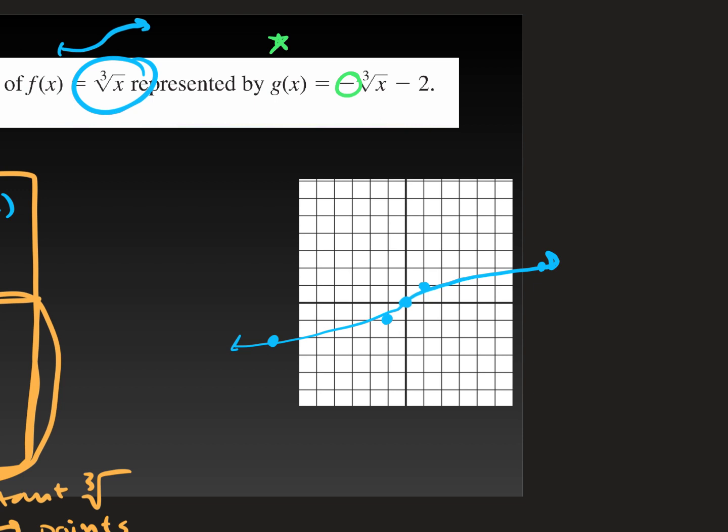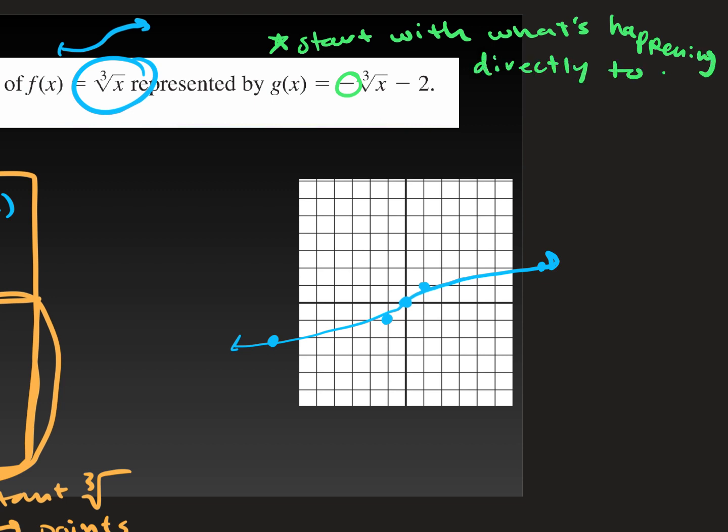So we work from the inside out. Start with what's happening directly to the x. So that negative is a reflection on the x-axis.